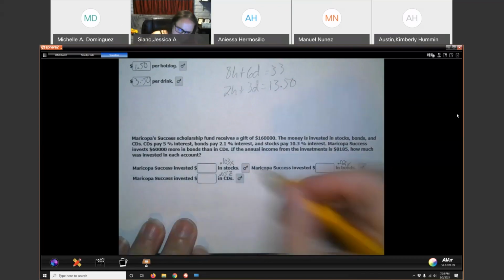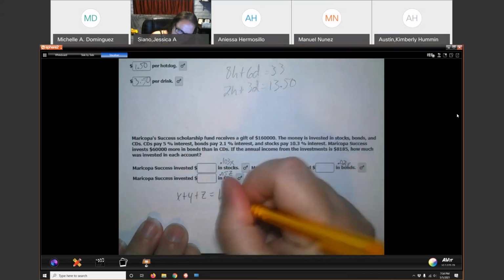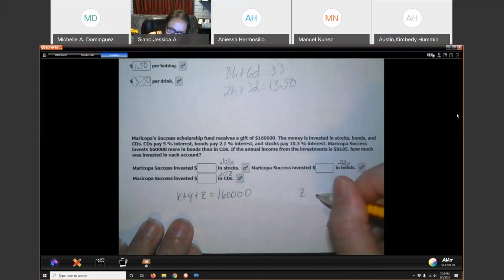And so we know that the total amount they invested was $160,000. We know that Maricopa Success invested $60,000 more in bonds than in CDs. So the number they spend in bonds is the number they spend in CDs plus $60,000.